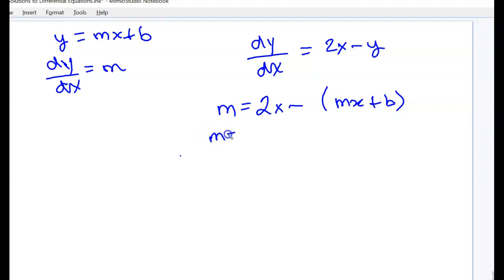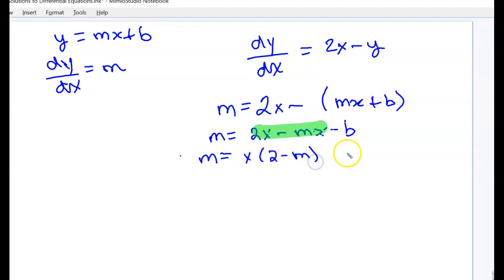If I distribute, I get minus mx minus b. If I factor x out of these two terms, I'm left with x times 2 minus m, minus b.